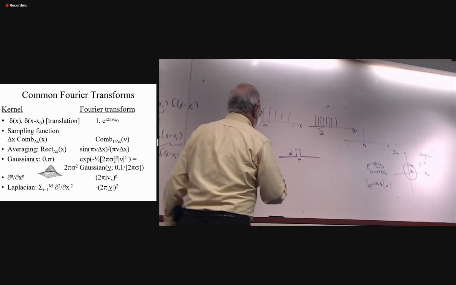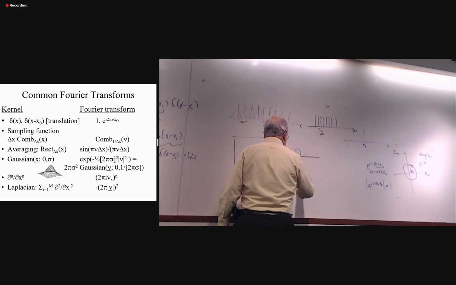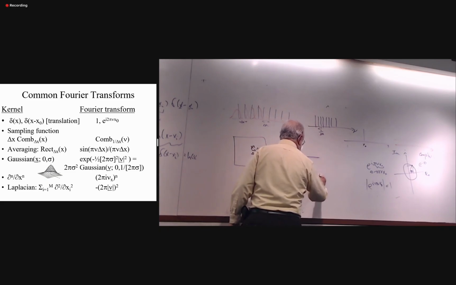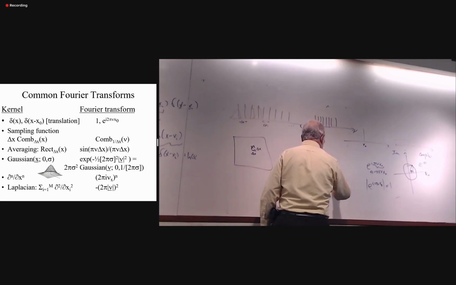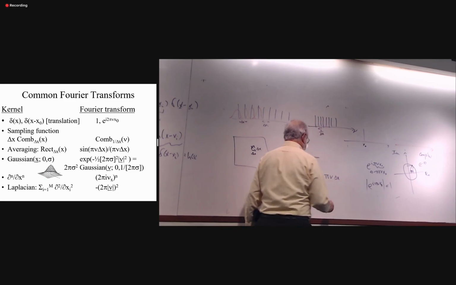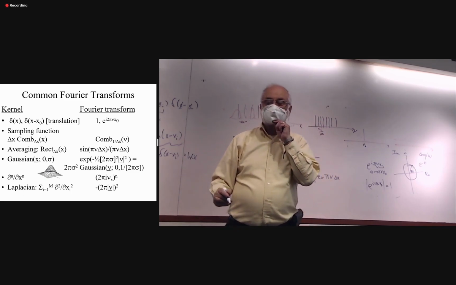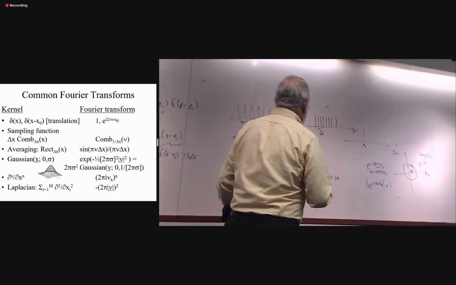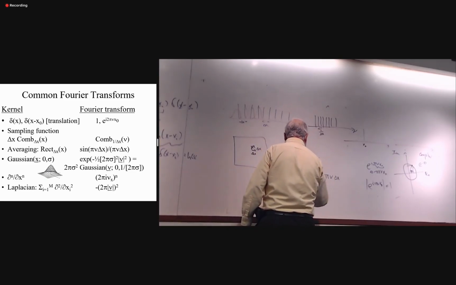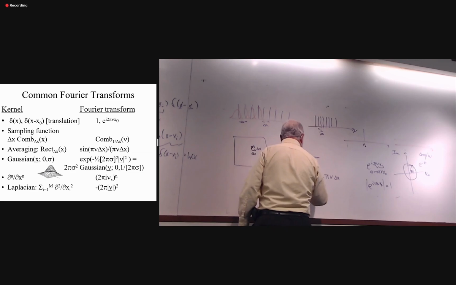It looks like the function sine z over z with z equal to pi nu delta x. What does that function look like? Well, first of all, it has a name. This guy is called the sinc of z.